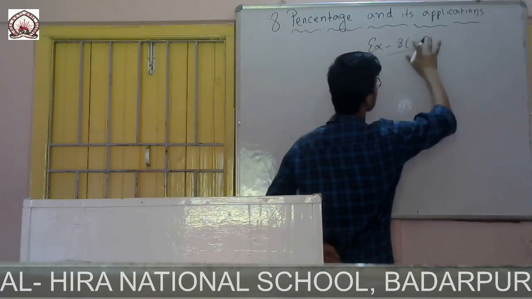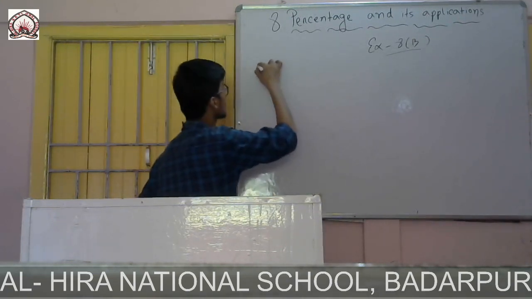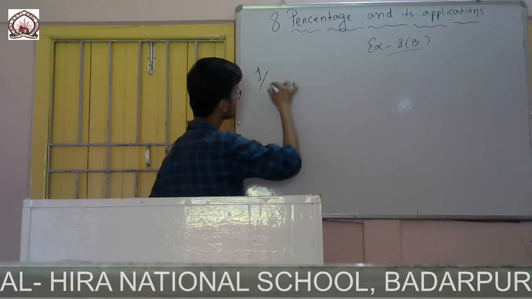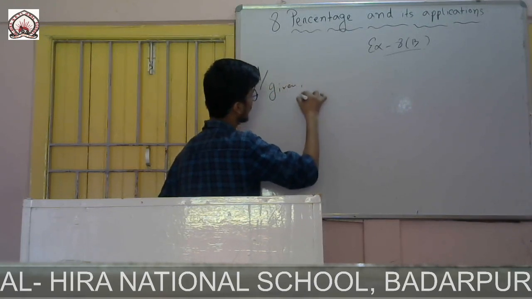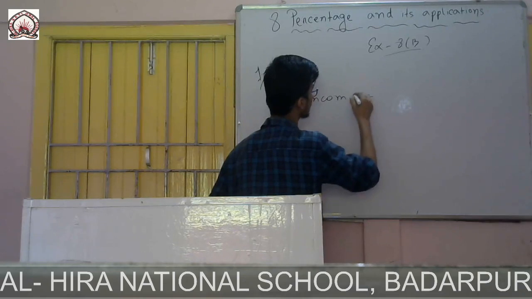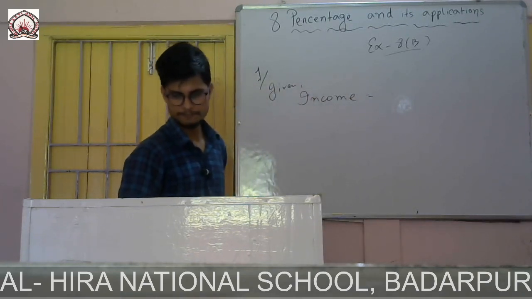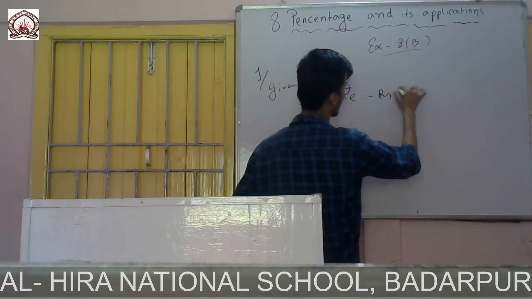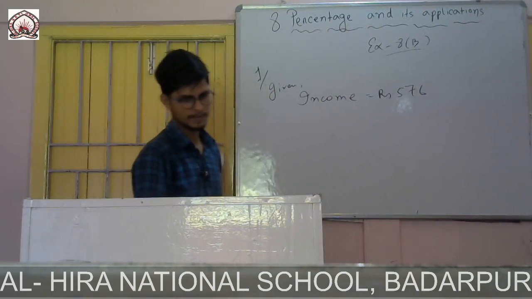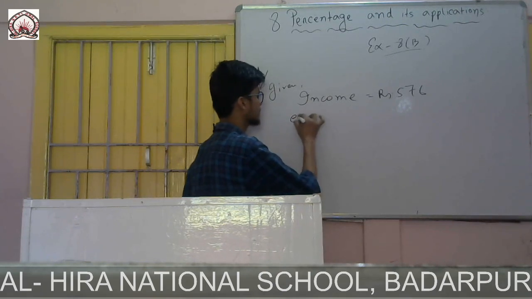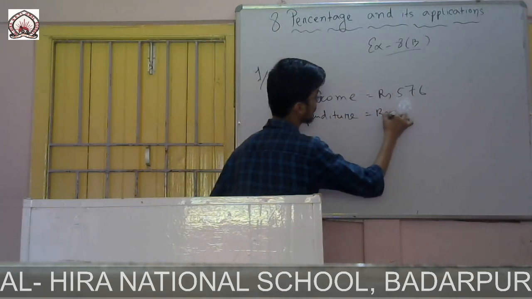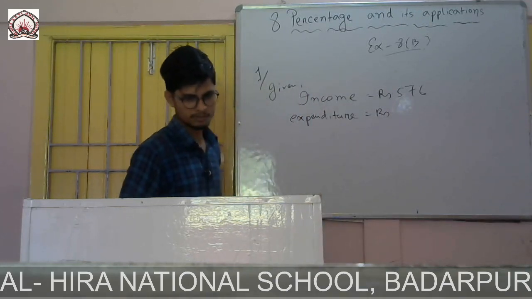Exercise 8b, question number 1. Given income equals rupees 576, and he spends, that means expenditure equals rupees 432.